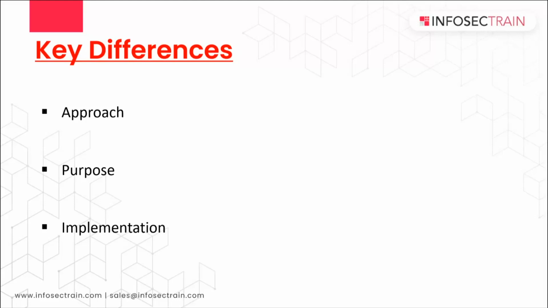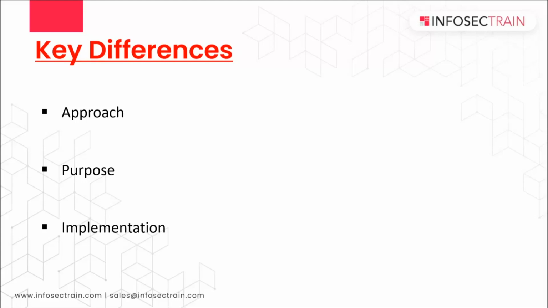Redundancy is typically implemented by deploying multiple components or systems in parallel and configuring them to work together to provide a seamless failover in case of failure.